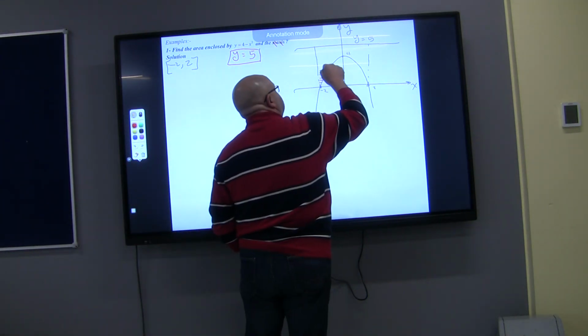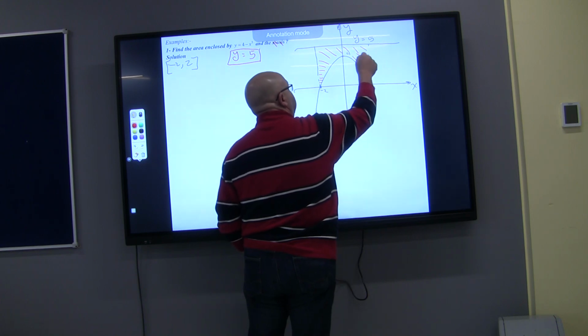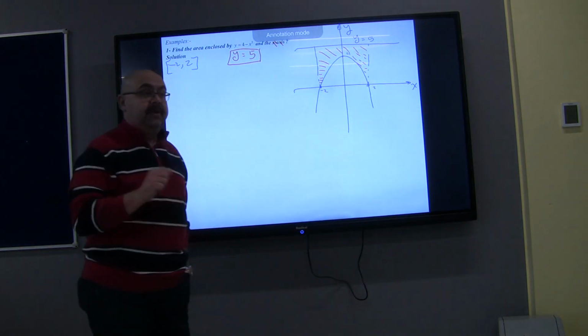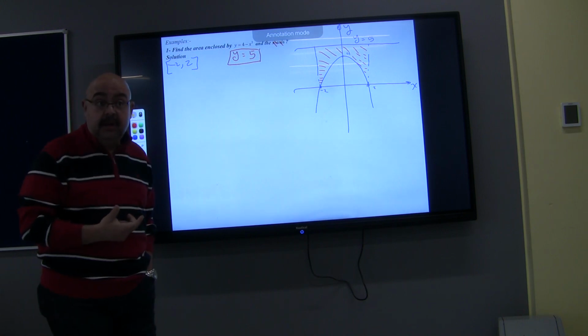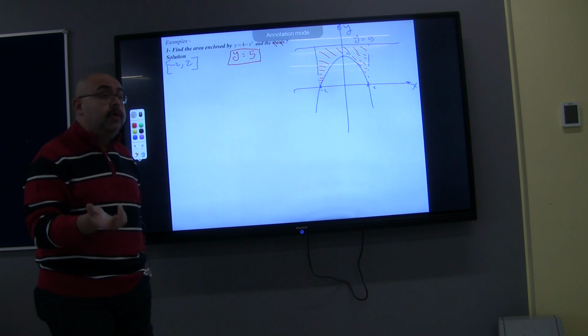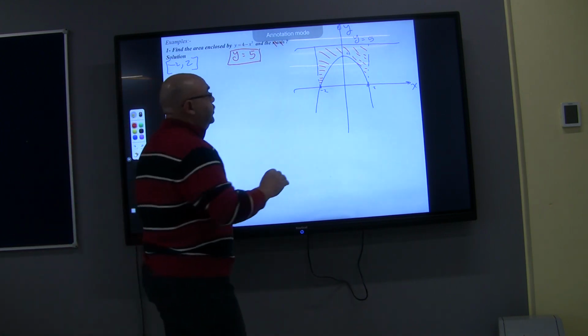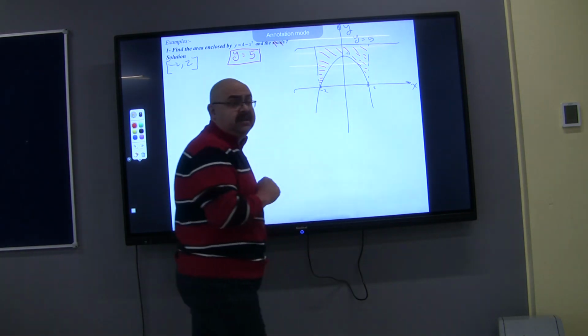If I want to calculate the area that you see enclosed by these 2 curves, from the concepts that we saw previously, we can simply find this area in the x direction or in the y direction. I believe integrating with respect to the x-axis is going to be simple.